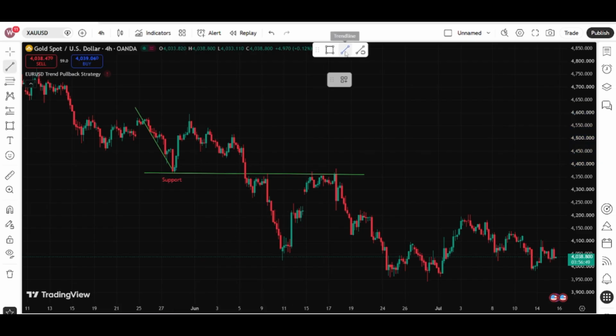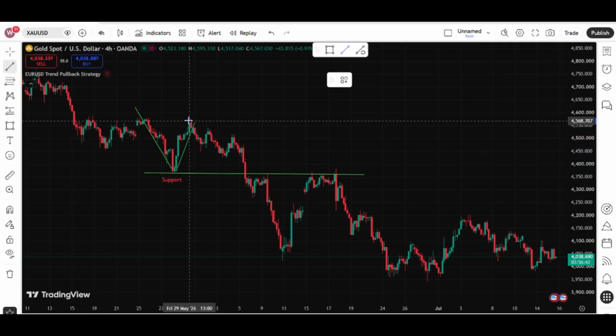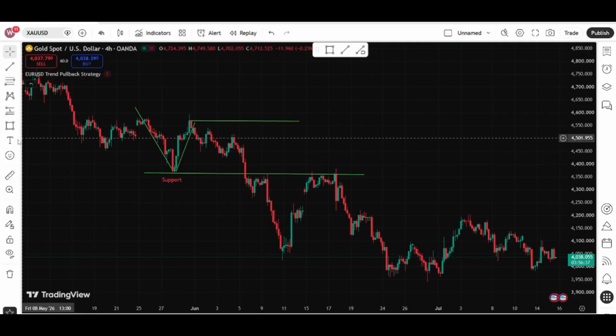From there onwards, the market tried and went up, but when it got up, it couldn't break this level. This level, I will call it resistance.